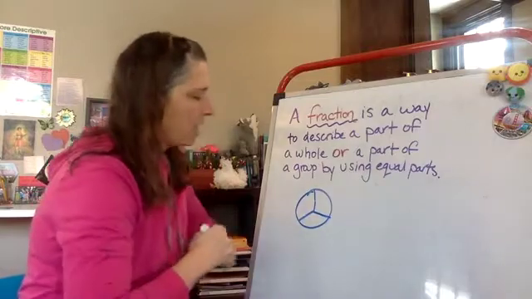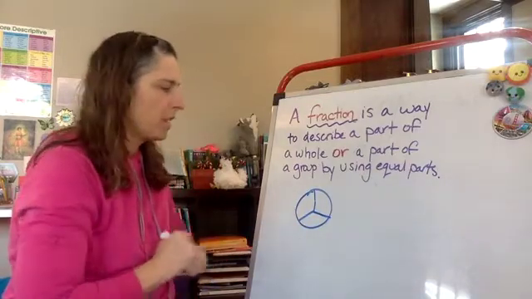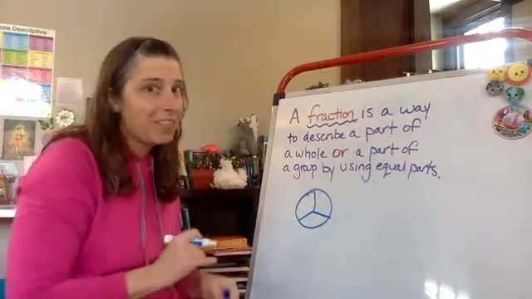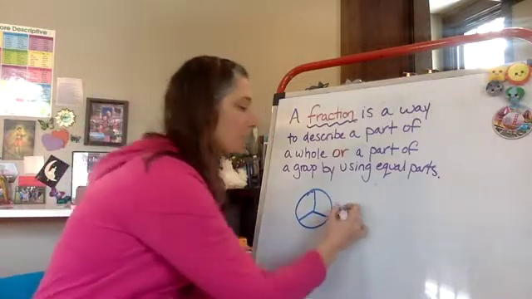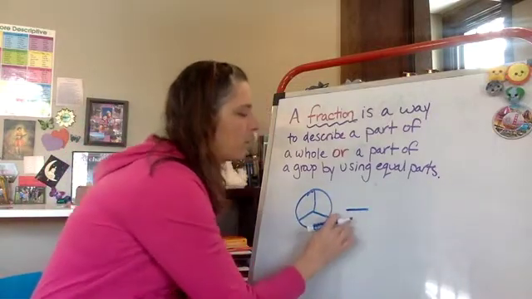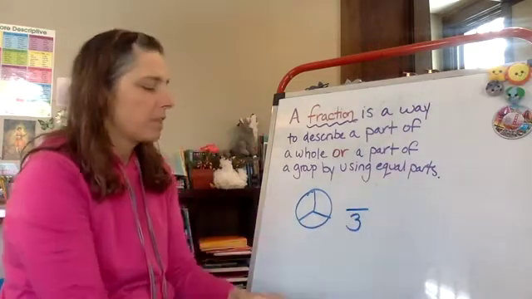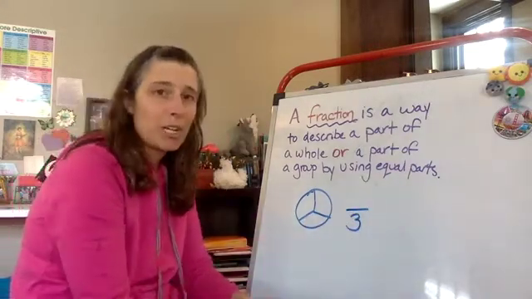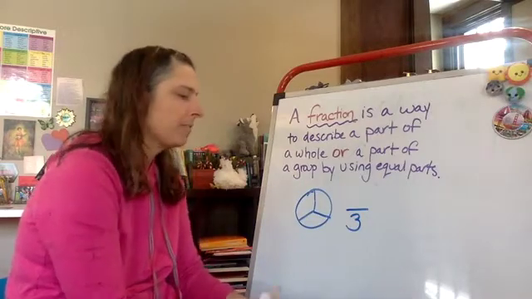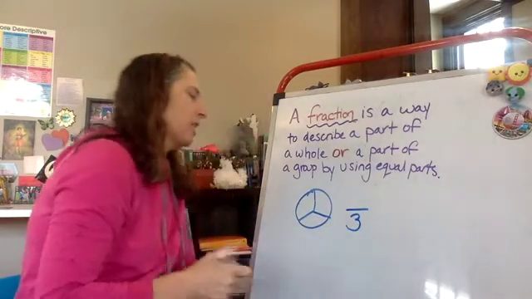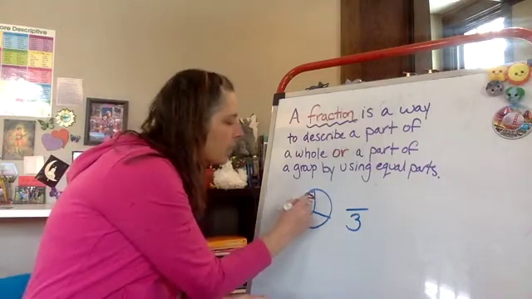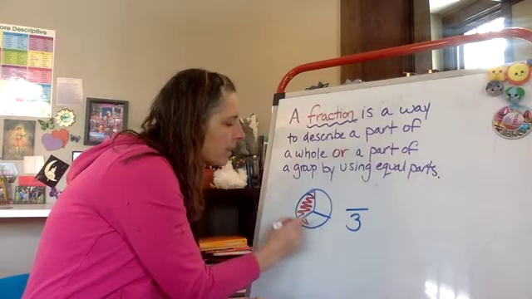So we know that right away, since I've created a figure that is divided up into 3 kind of equal parts, mostly equal parts, it's supposed to be equal parts, we know that when I create the fraction, the denominator right away is going to have a 3 in the bottom, because that's the total number of equal parts I have. So say if you see the fraction, and it looks a little bit like this.